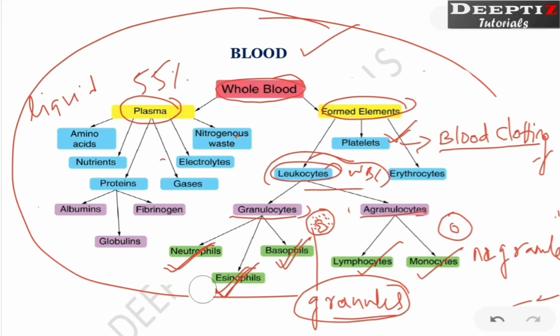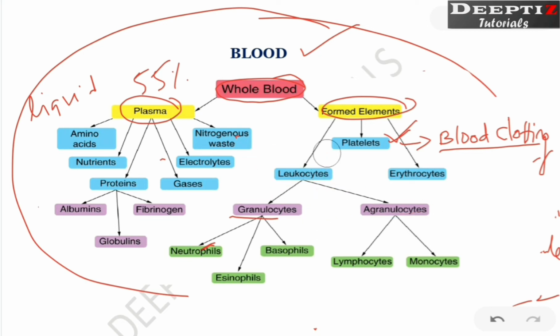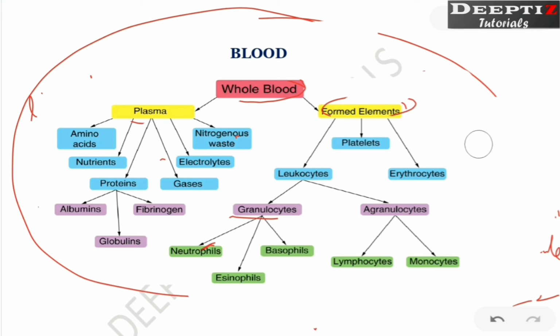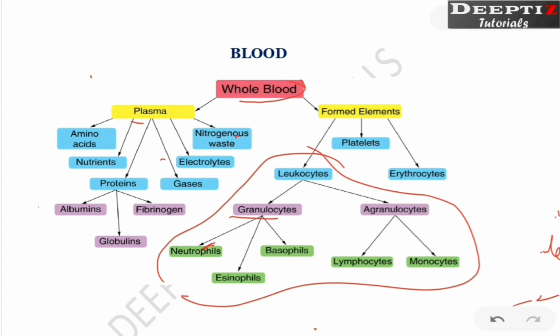You have to remember one thing here. I will tell you what you need to remember from this entire flow chart. Whenever you hear any of the terms from this circle, remember that we are talking about WBC. So leukocytes, which are also termed as WBC, how many types? Two types, granulocytes and agranulocytes.